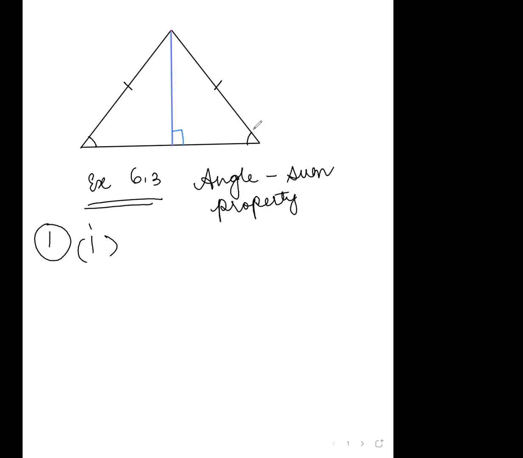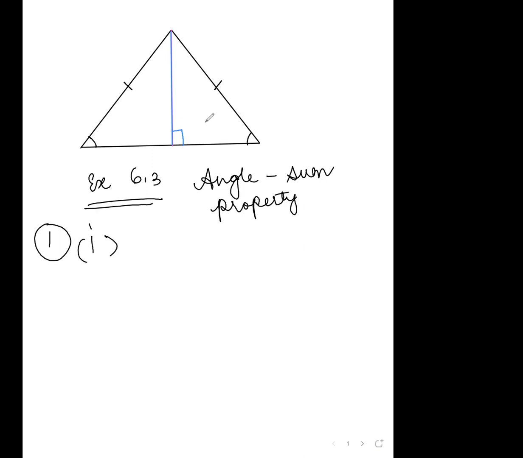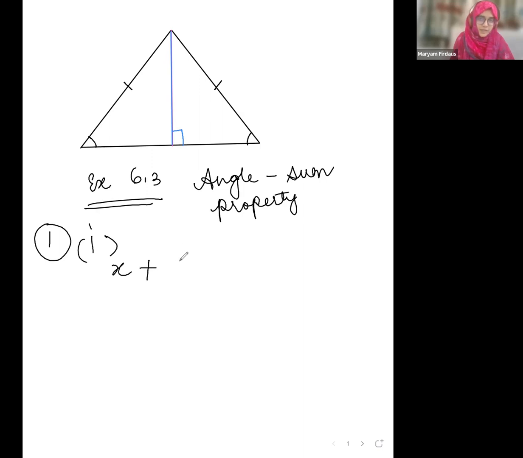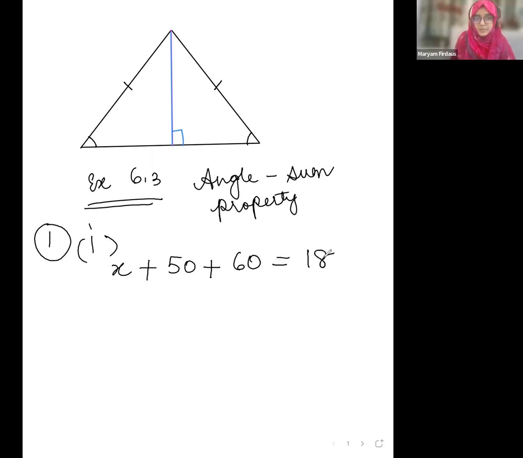X, 50 and 60. So their sum will be 180. So how do I write their sum in math? X plus 50 plus 60 gives 180. Yes. And what were you saying just now? You were saying X plus 50 gives 60, right? But that is wrong.